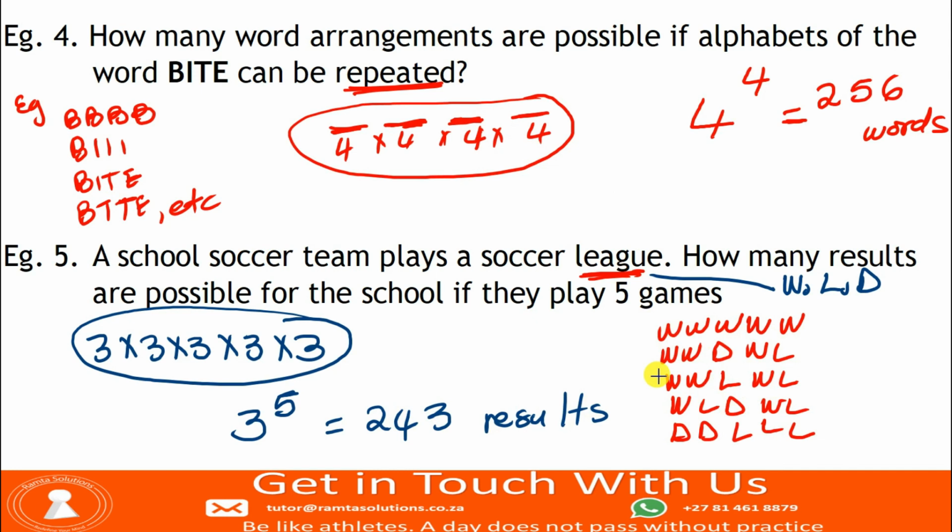We don't know. They could lose all 5 games, or they could win one, but which one are they winning? Are they winning the first, the second, and losing the rest? So we don't have the time to be drawing all these, but we can simply do this. All right. Perfect.